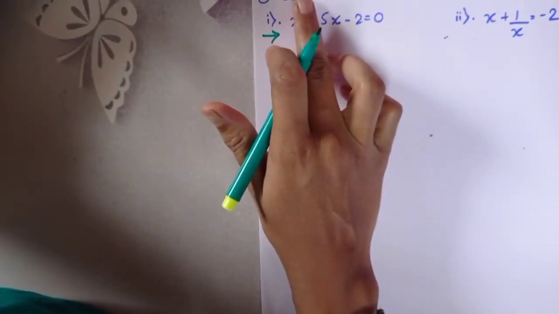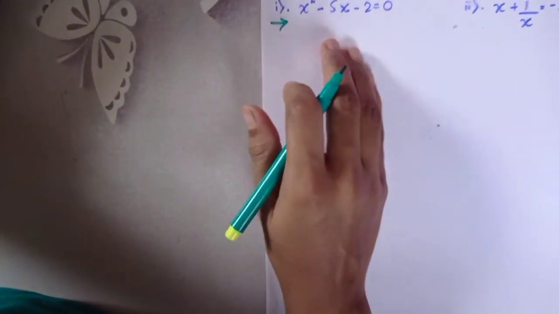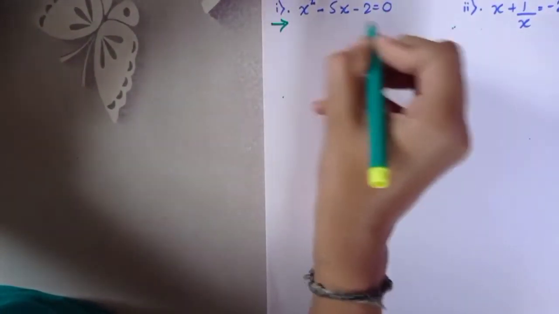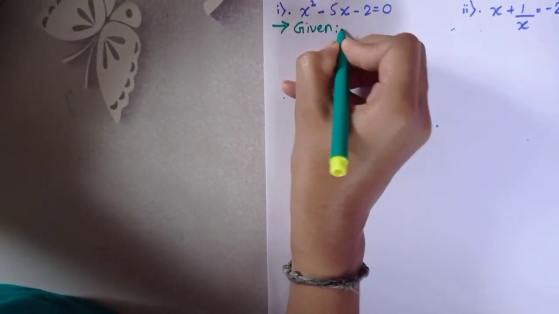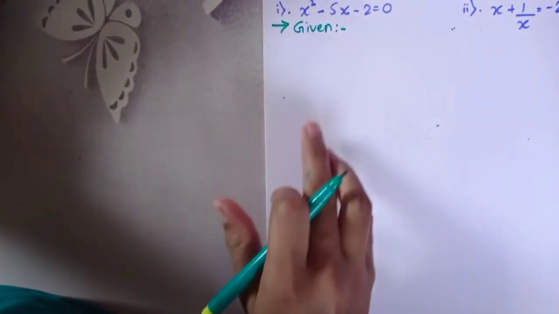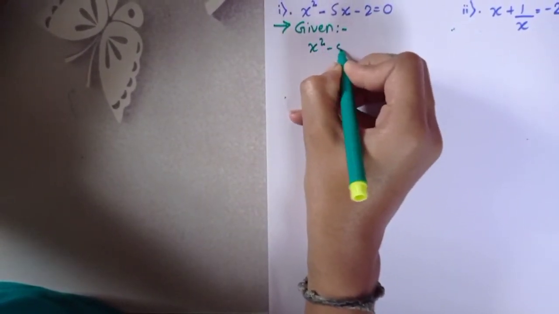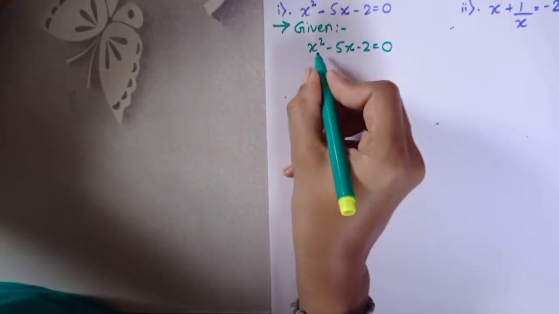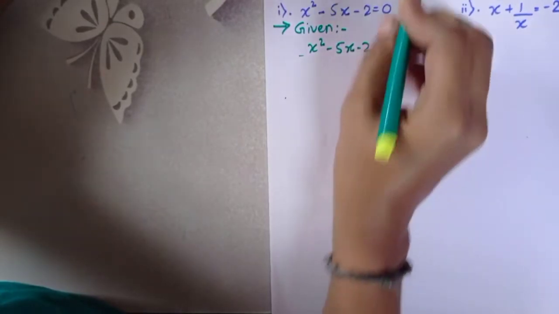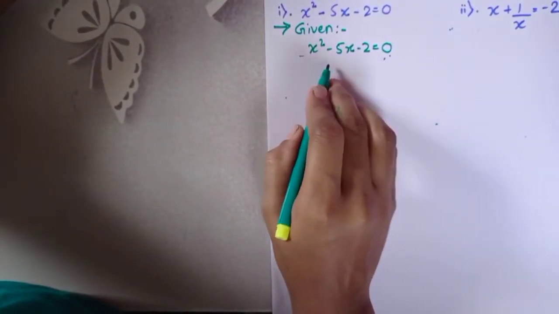Decide which of the following are quadratic equations. First of all, we have to represent it in the general form. Given x square minus 5x minus 2 is equal to 0. This equation is in the general form.